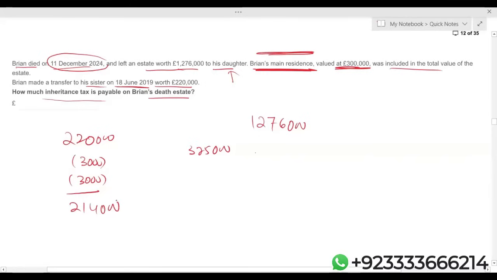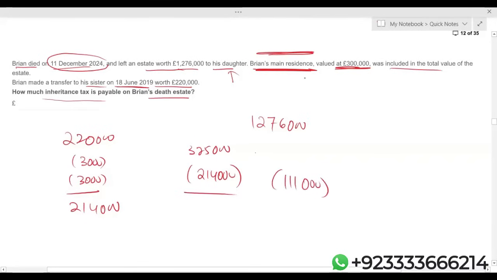So basically, during the lifetime, you can say that PET was 2,14,000, but due to death of Brian within 7 years of making this gift, the entire 2,14,000 becomes chargeable. And this 2,14,000 will actually utilize your nil rate band. 3,25,000 minus 2,14,000, remaining nil rate band is this.